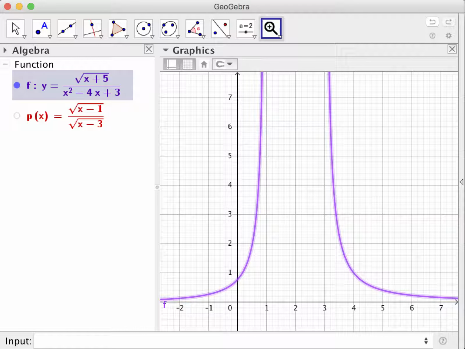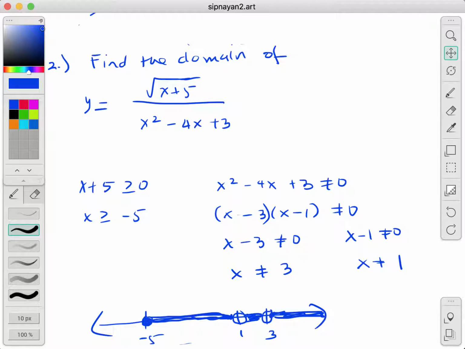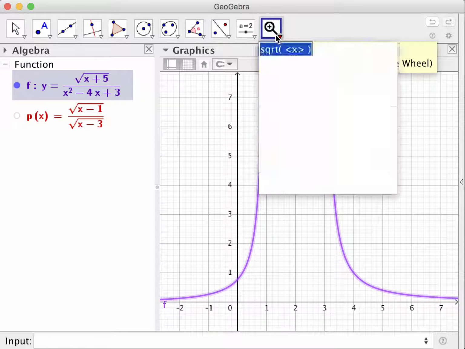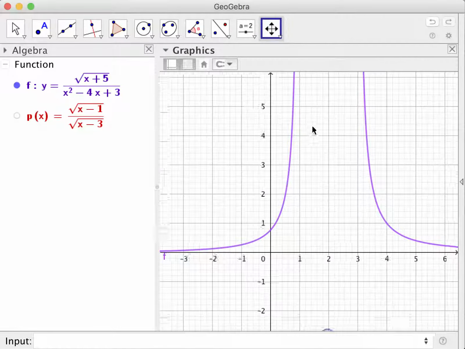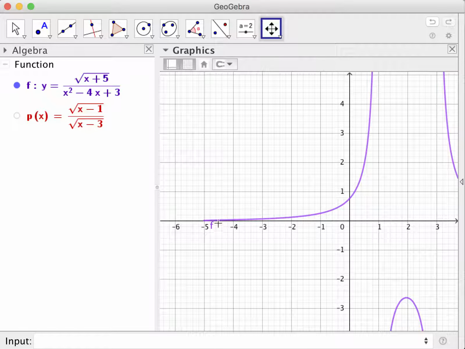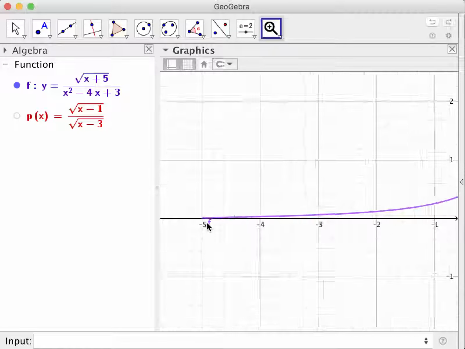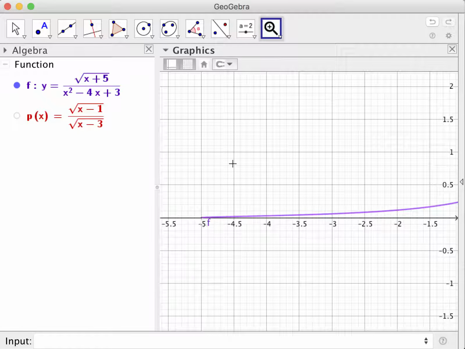Tama, no? So, ang domain natin from here, check natin yung domain. Sabi natin yung domain, yung ano, di ba? Yung set of x coordinates. So, yung domain niya from negative 5, diba? Can zoom in siguro. So, from negative 5 siya. And then, hanggang saan?